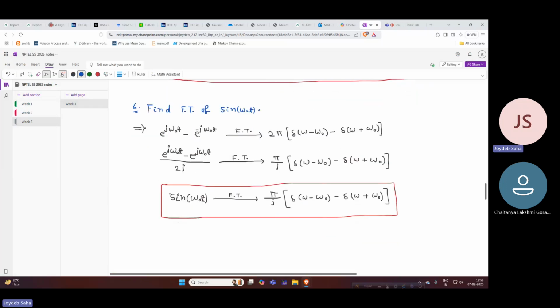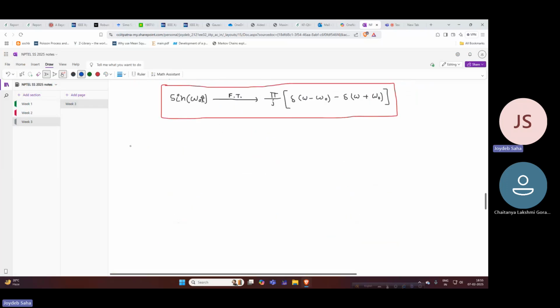Okay, let's start the next question. Question 7. Find the Fourier transform of u(t).